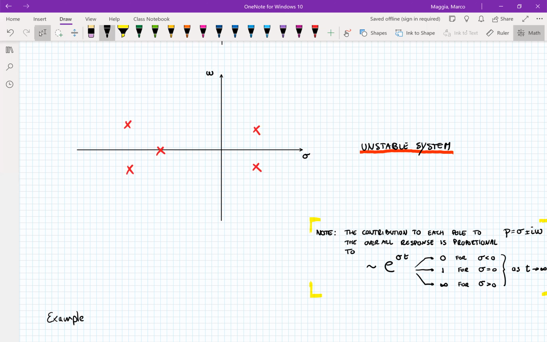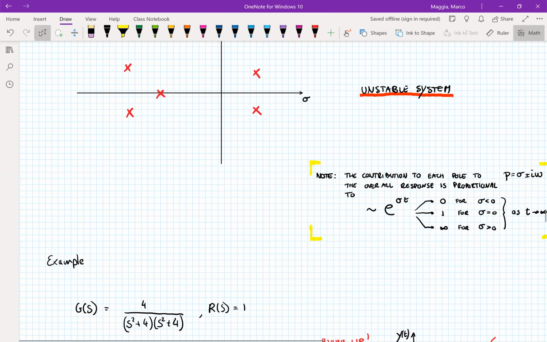And remember, the key is that the response linked to a certain pole or pairs of complex conjugate poles is proportional to e to the real part of the pole. So if this real part is positive, then e to something positive times t, when time grows to infinity, this contribution also grows exponentially to infinity.